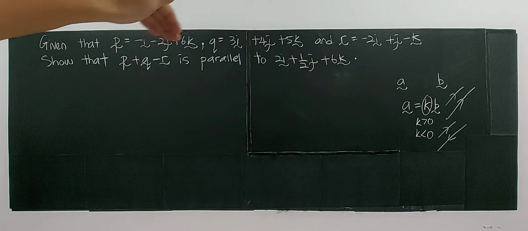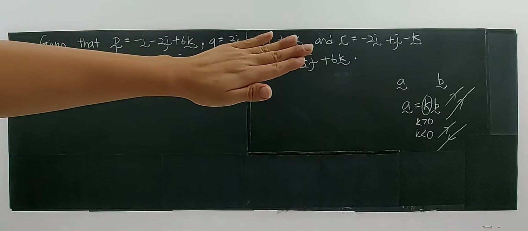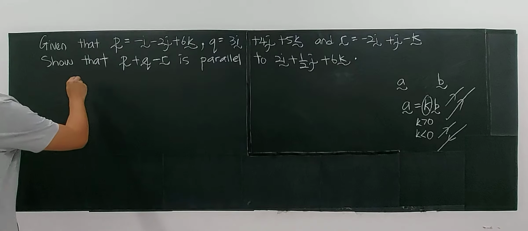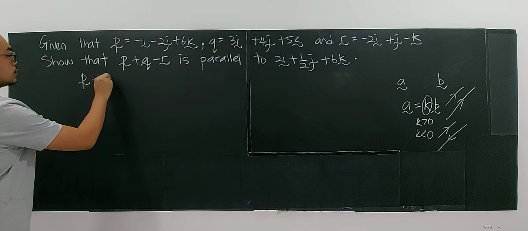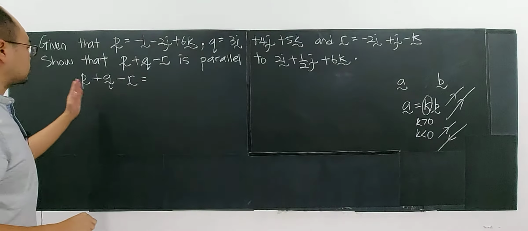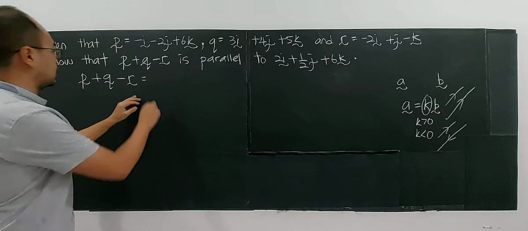All right, let's relate this concept to this question. Given vectors P, Q, and R, show that P plus Q minus R is parallel to this vector. We focus on finding this first. Vector P sum with vector Q, minus vector R. As you know, vectors you can add up.